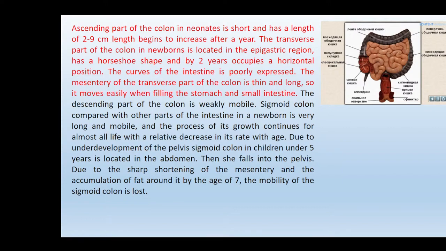Then it falls into the pelvis due to sharp shortening of the mesentery and the accumulation of fat around it, and by the end of 7 years old the mobility of the sigmoid colon is lost.